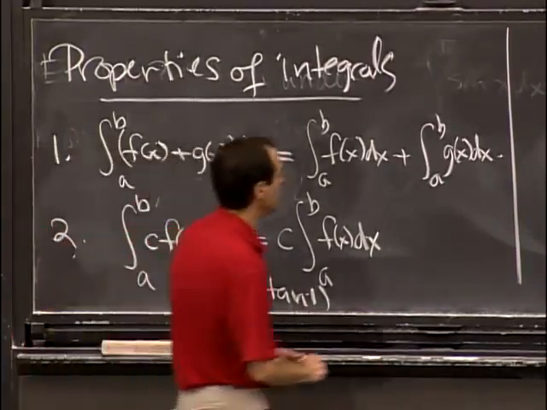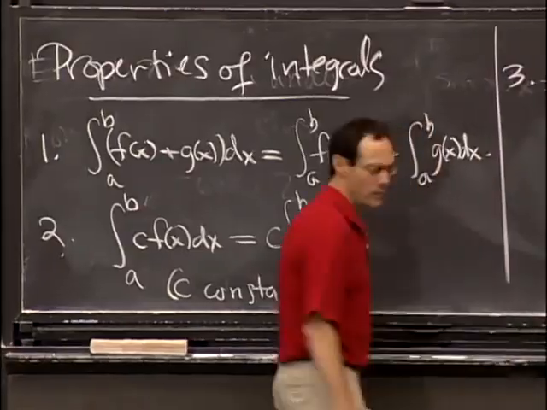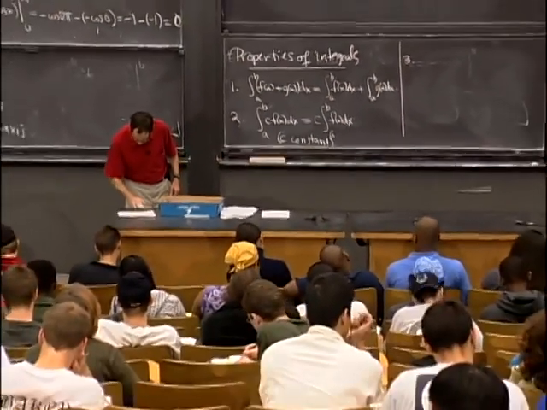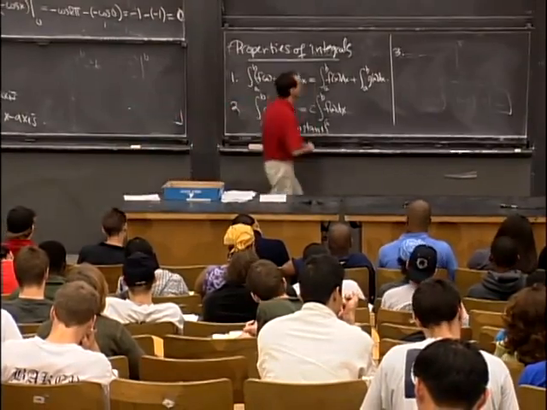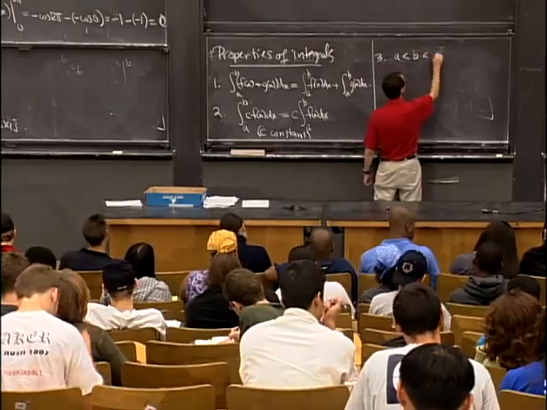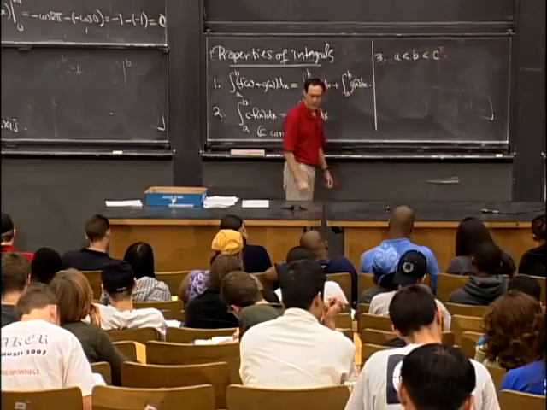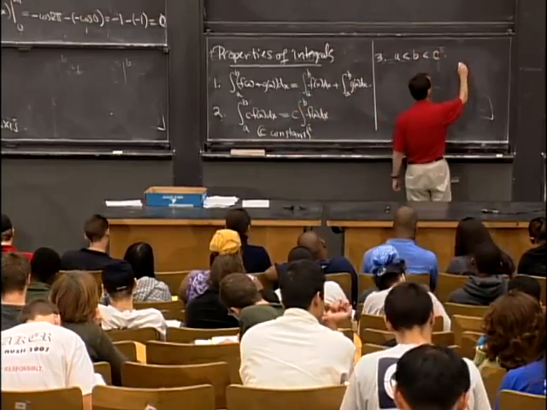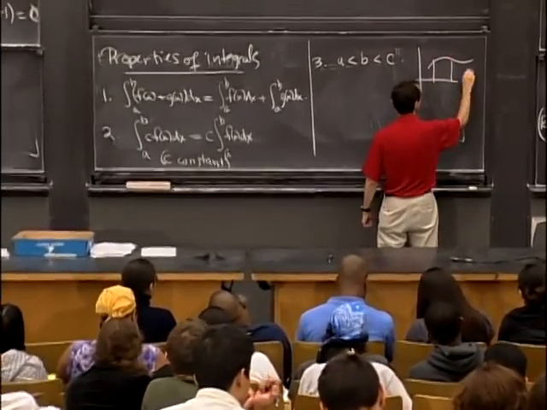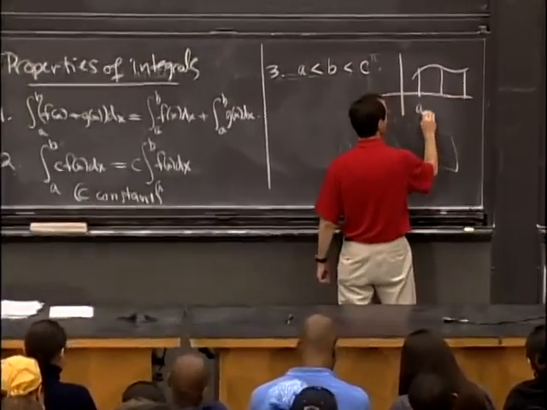The third property, well, what do I want to call the third property here? I have a sort of a preliminary property, which is the following, and I'll draw a picture of it. Suppose you have 3 points along the line. I'm going to use the interpretation of area above the curve, even though that's not the whole thing.